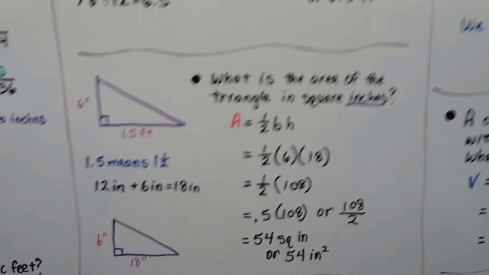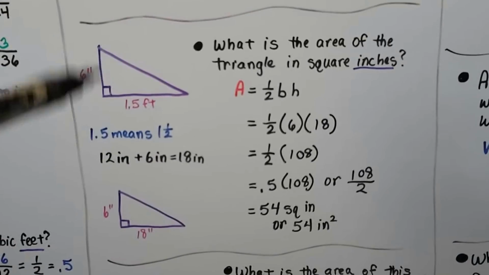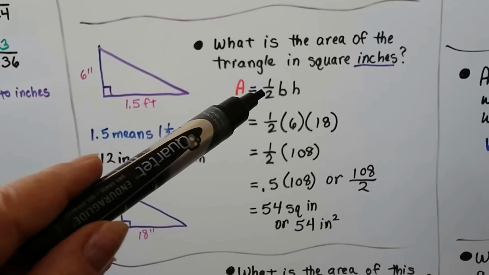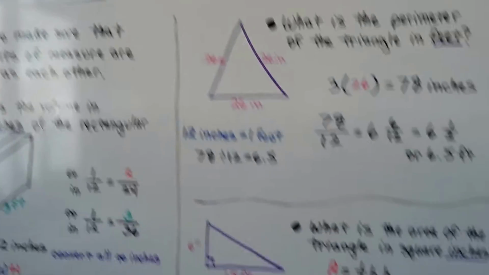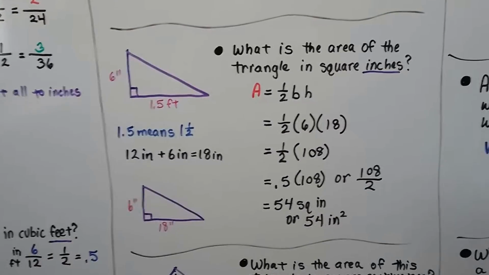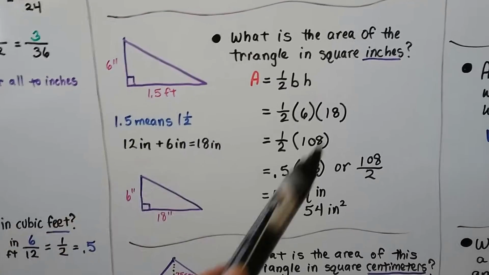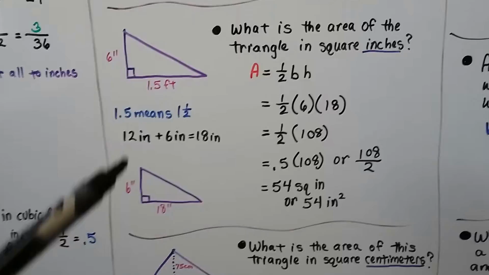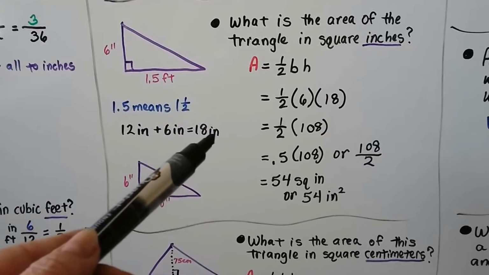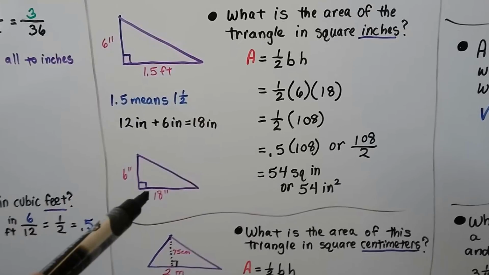What is the area of the triangle in square inches? Well, we need to do area equals half base times height. We look on our sheet for area of a triangle, and we find out that its area equals half base times height. So we have our height, 6 inches, but that says 1.5 feet, and it wants the answer in inches. 1.5 feet is 18 inches. It's 1 foot and a half foot. See? So really, it would be like this, wouldn't it?